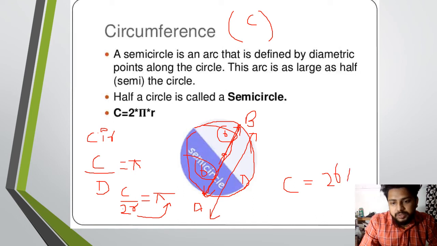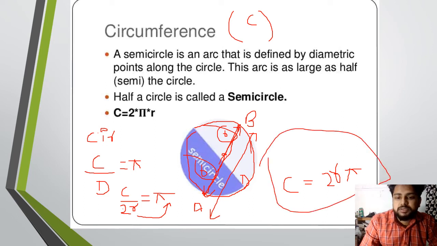For our convenience, for remembering, this is also called the formula of circumference. We call it C, circumference equals 2 pi r.